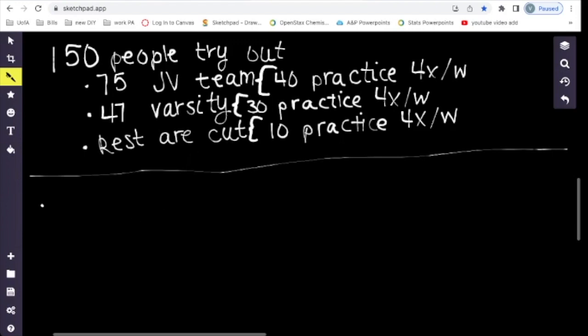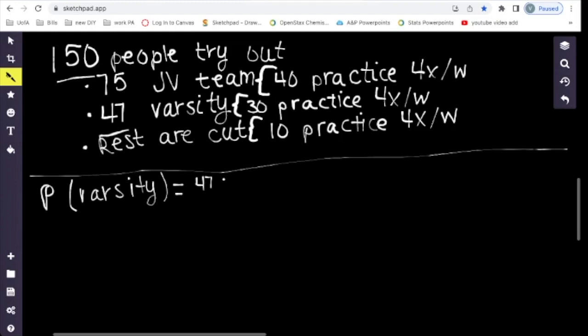So first, we're going to pretend we're selecting a person at random, and what is the probability that this person made the varsity team? To find the probability that the person made the varsity team, we know that 47 of these people made the varsity team, and our total sample size was 150.